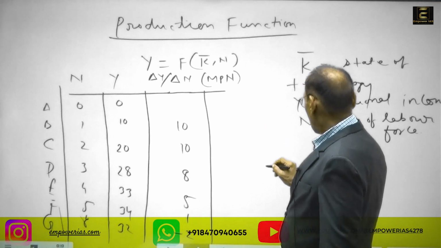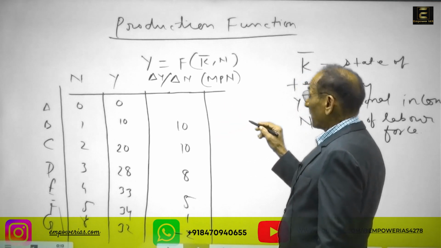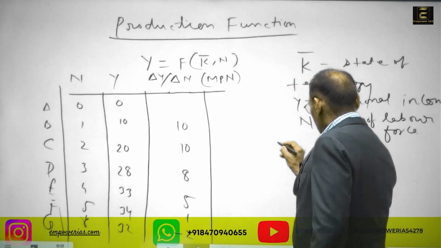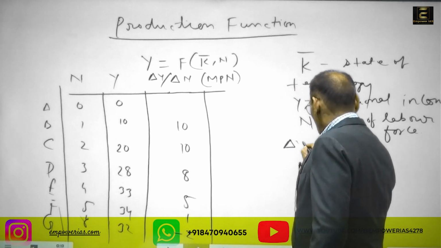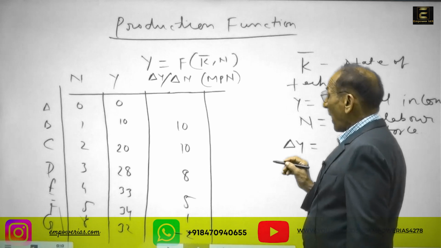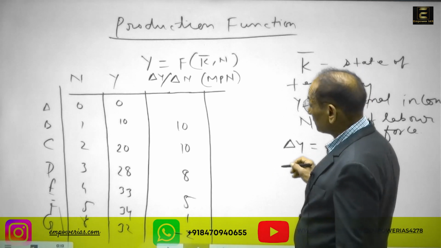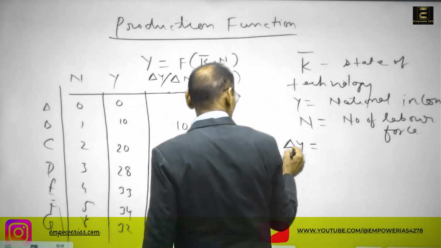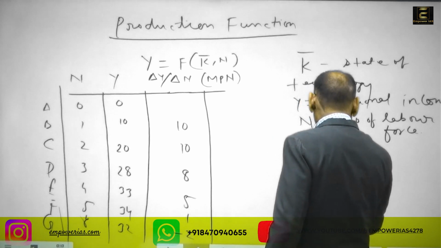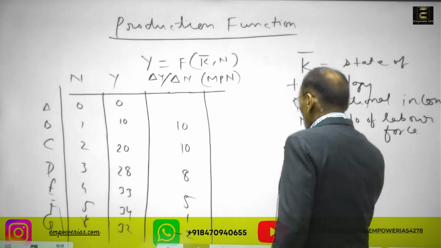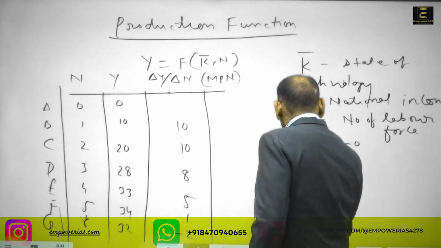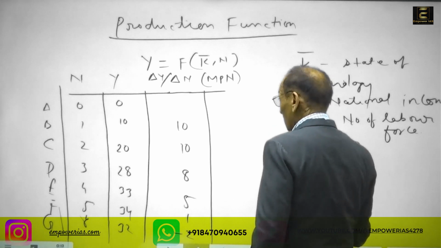Now I am again explaining before you the meaning of delta y. Delta y is the change in output. Here the output is 10 minus 0, and delta n is the change in labor.